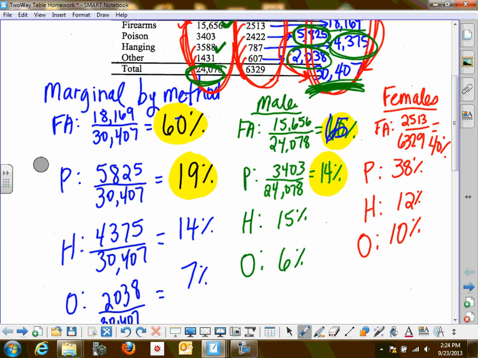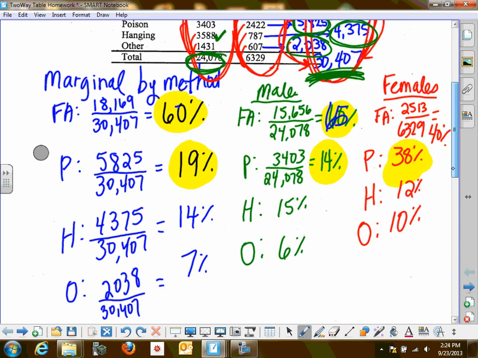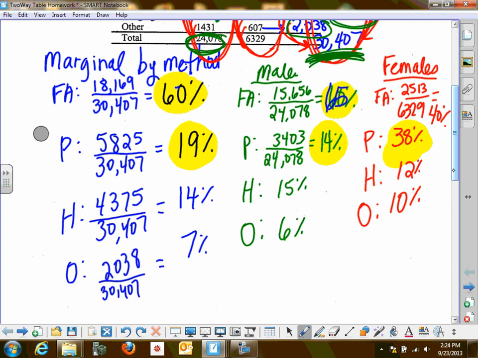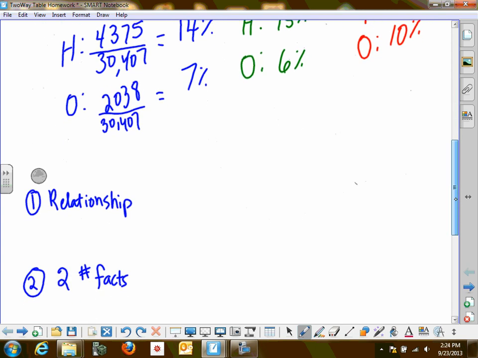In fact, if you compared the female rate, look at this female rate of 38%. Females are using poison at twice the rate as overall. Okay? All right, so there are many statements. There are 8, in fact, that you could make. Let's now go to our conclusion.